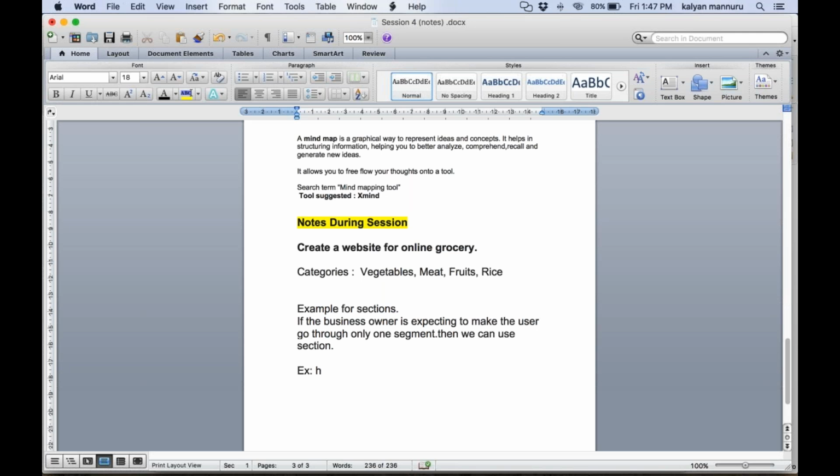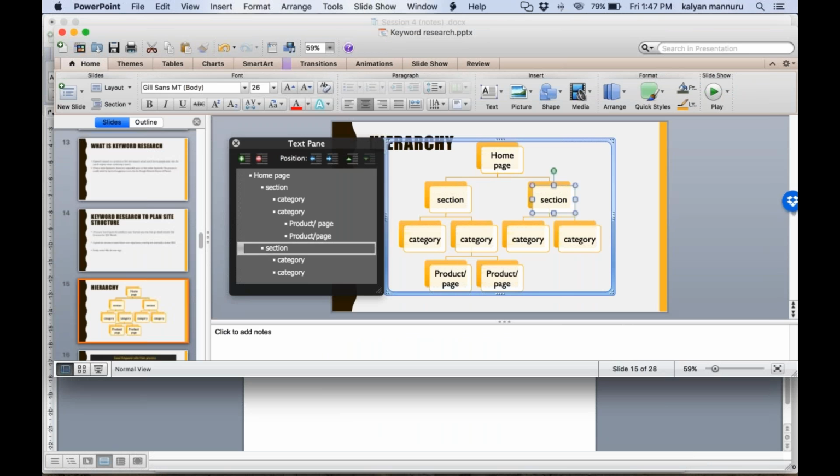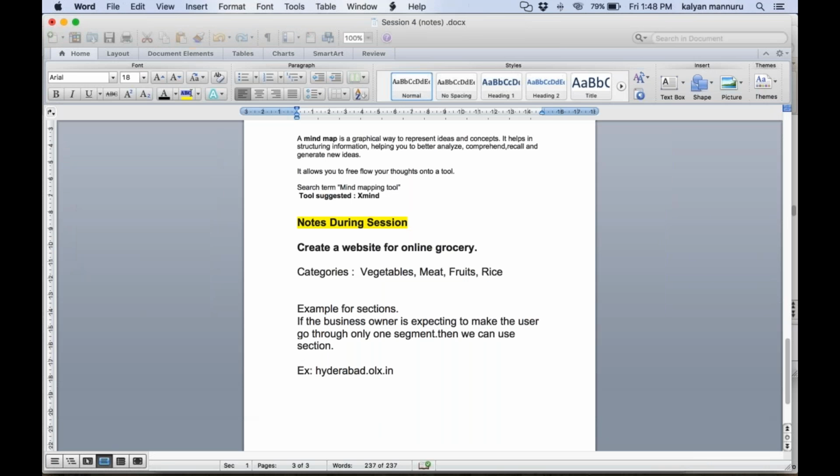Example, city.olx.in. So this is one section. The moment the user comes to the home page, he gets a pop-up that says select your city. The moment he selects the city, it goes to this particular section. So the categories remain the same in all the sections. The flow of the website remains the same. Of course, right? After I select Hyderabad, now this is a section.